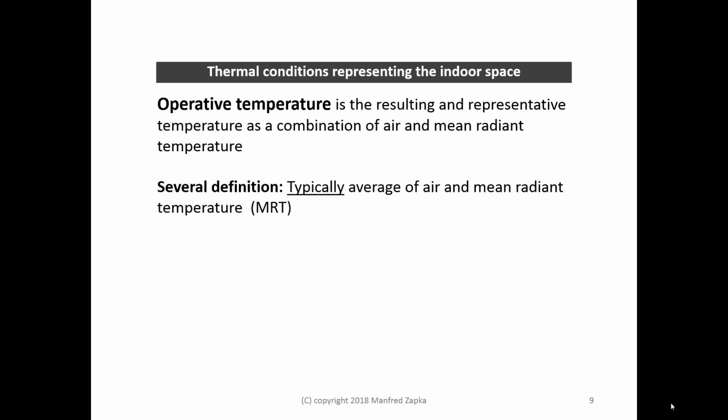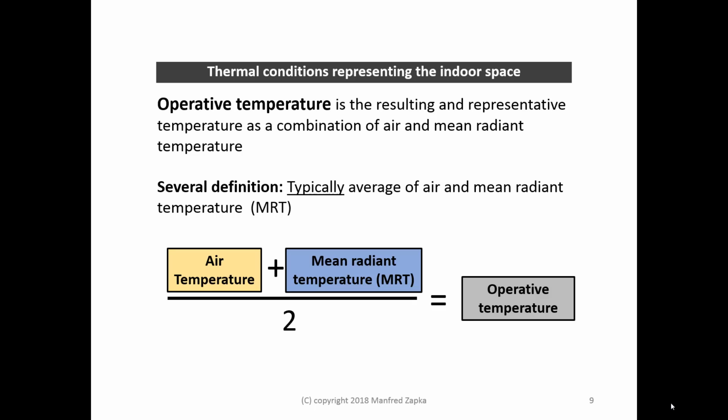There are several definitions depending on how much air is flowing and all kinds of stuff, but we want to take only the typical value here, which is the average of air and mean radiant temperature: air temperature plus mean radiant temperature divided by 2 equals operative temperature. Again, this is the simple average of these two temperatures, air and mean radiant temperature. Operative temperature, we'll see this later on, very helpful.